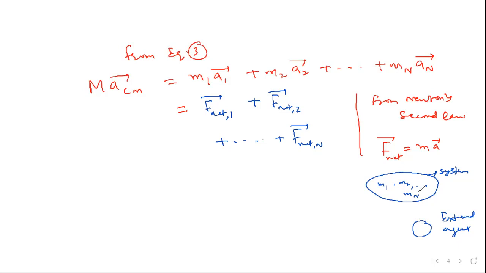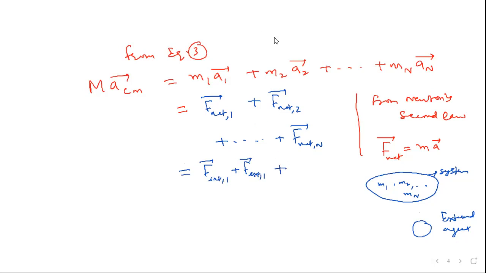Same is true for M2. Net force on M2 will be due to the forces on it due to other particles in the system and the force due to some external agent. So we can split net force on any particle into two parts, internal force and external force. So F net 1 can be written as F internal 1 plus F external 1.